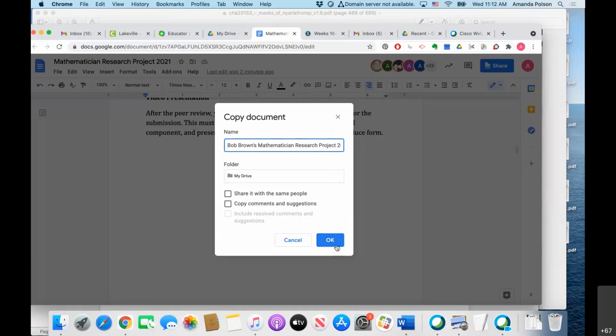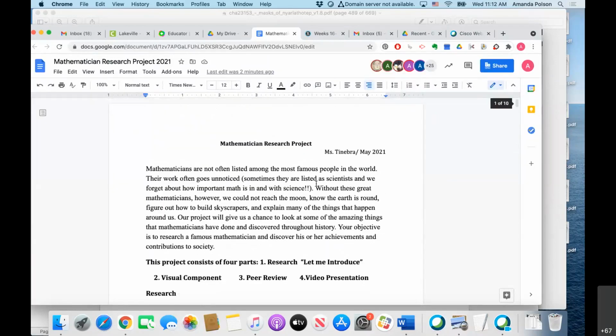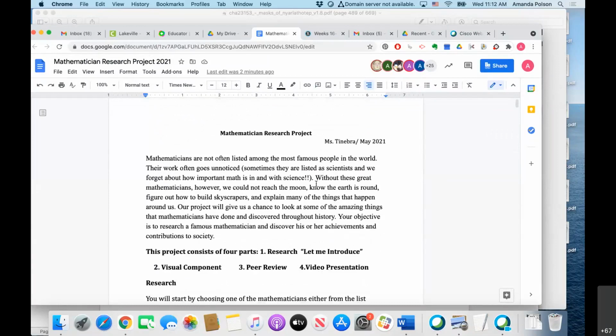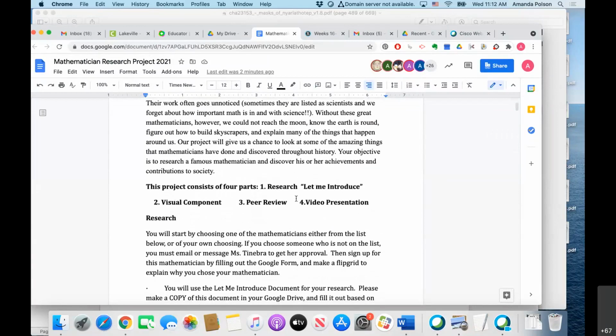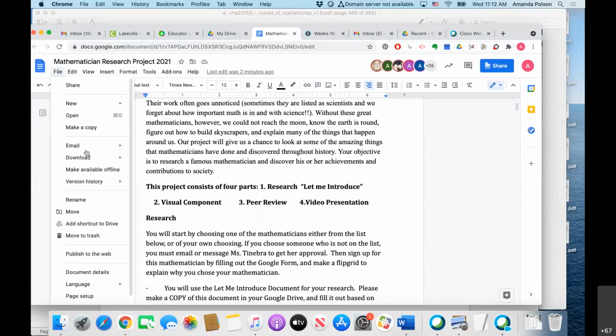Then you'll click OK, and then you will be able to edit the document and do whatever you want on it, okay? So we're going to go through some of the directions here. Make sure you guys understand everything, because this is our last class connect, okay? So there's 4 parts of this project. All you have to do is go to File, Make a Copy.